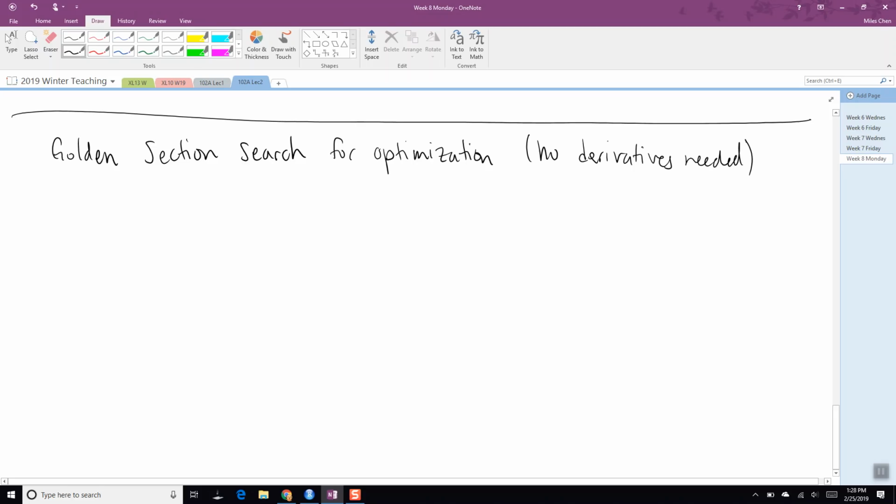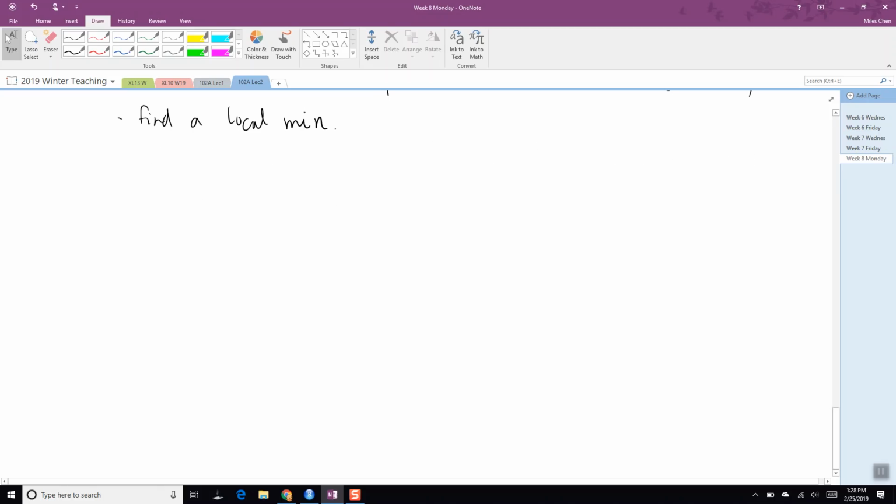All right, and what it does is it uses the golden ratio to kind of optimize a function to help us find a local minimum. Okay, so we're going to find a local min. All right.